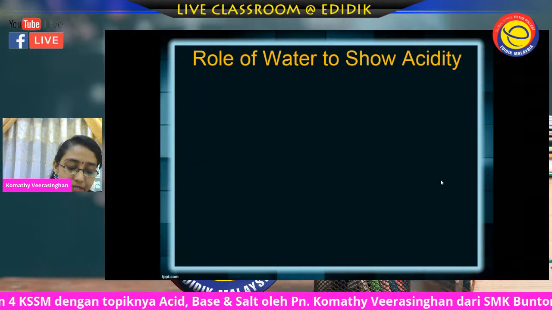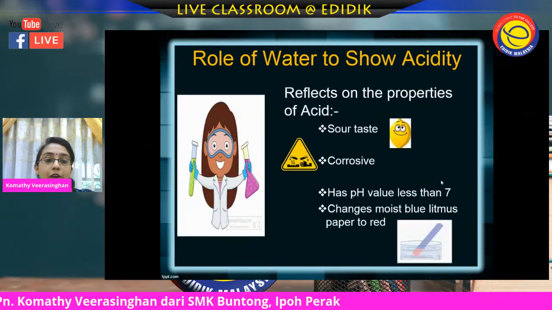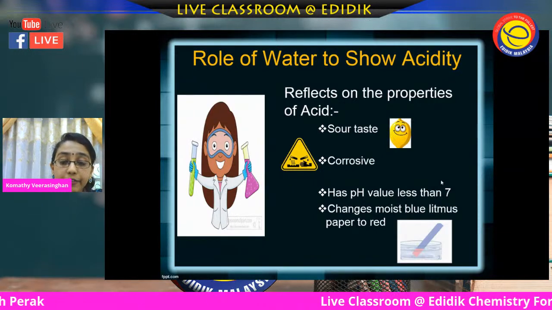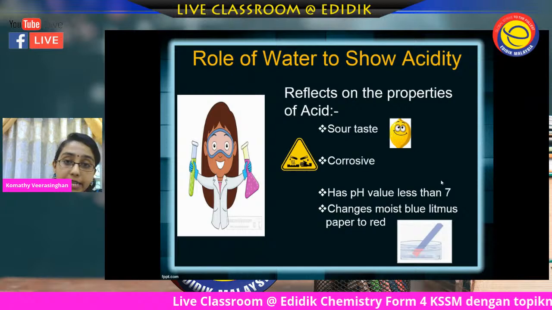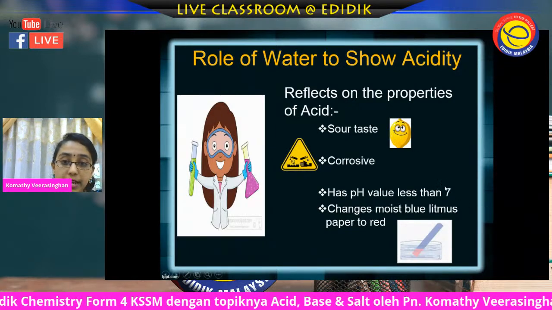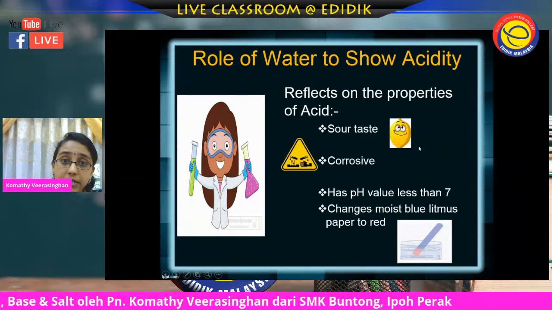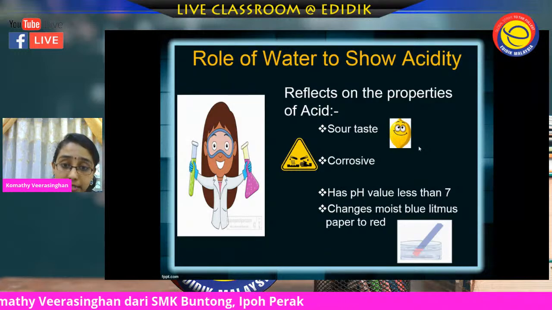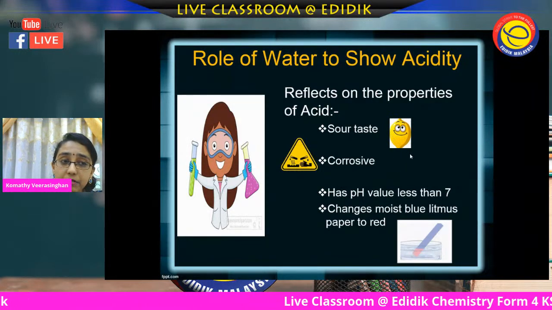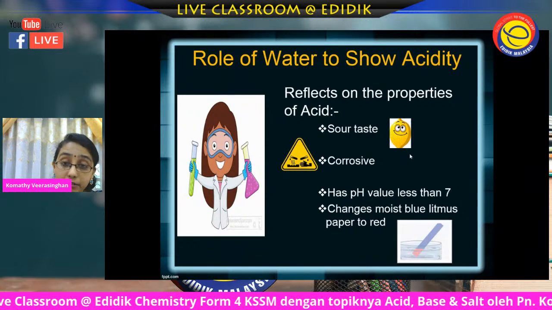Okay, class, let me correct your misunderstandings. Before we move on to the role of water to show acidity, let's reflect back on the basic properties of acid. Acid has a sour taste. The taste is sourish. For example, lemon. You know the taste of lemon? Lemon contains acid, so the taste is sour. And whether concentrated or dilute, based on the strength of the acid, they are corrosive.